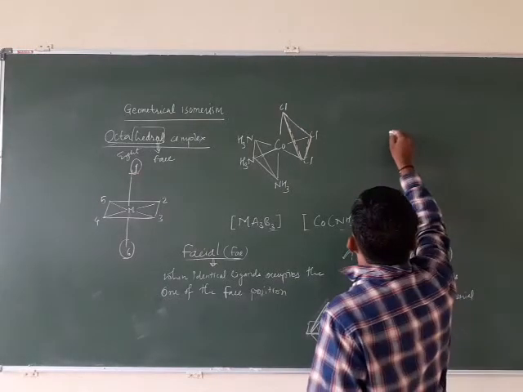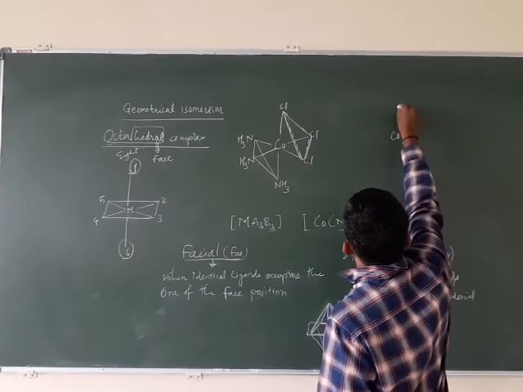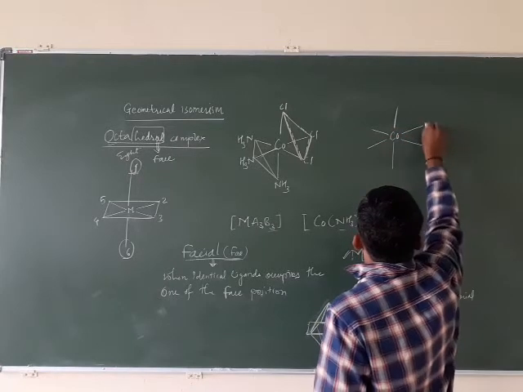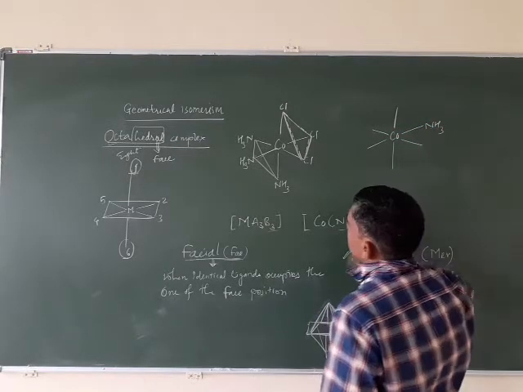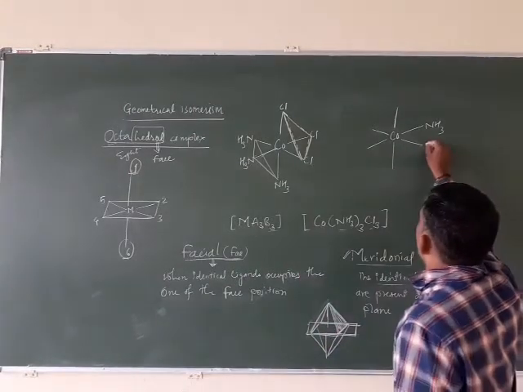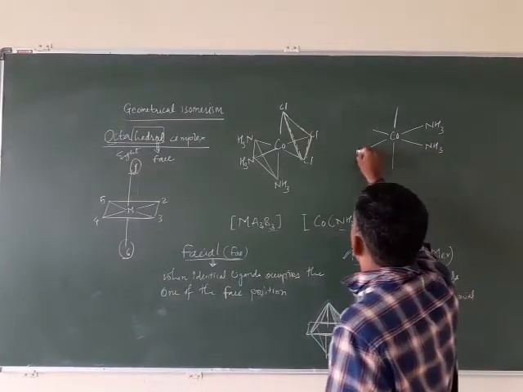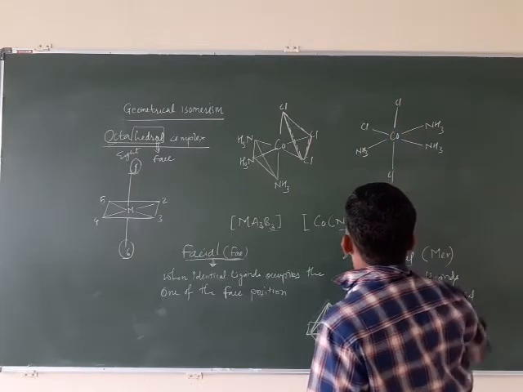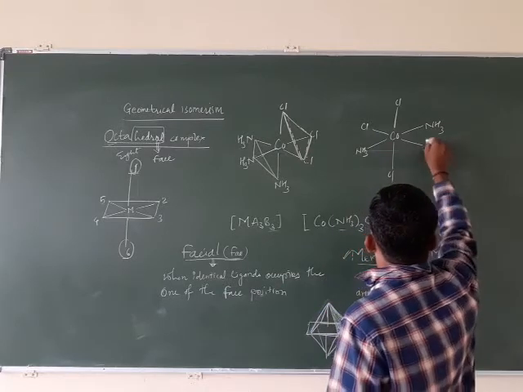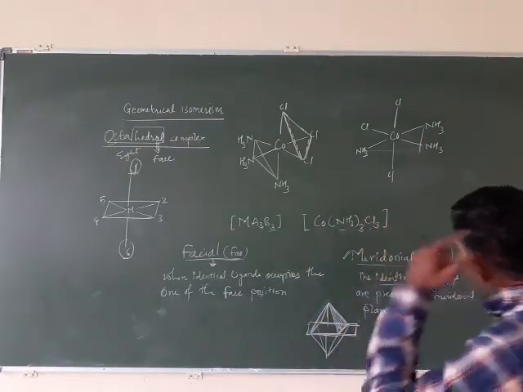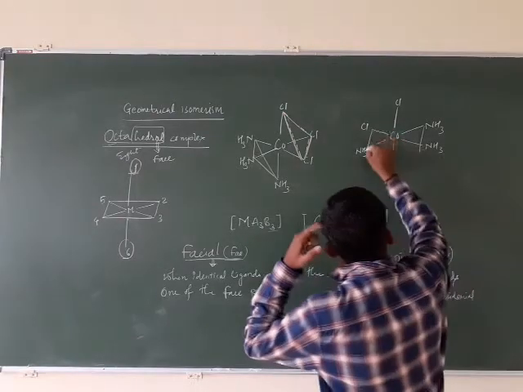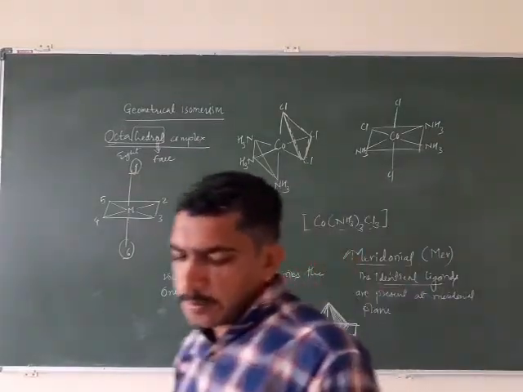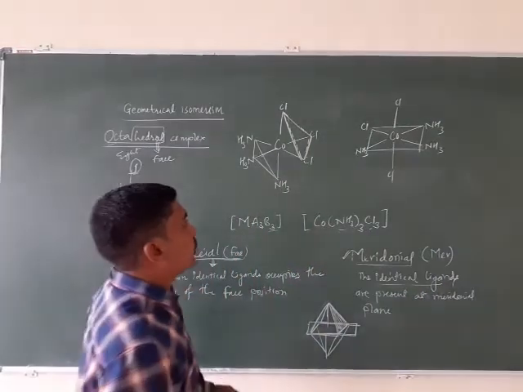Now Co, NH3, Cl, and Cl. All these 3 identical ligands, NH3, are present in the meridional plane, the plane which passes through the center of geometry.